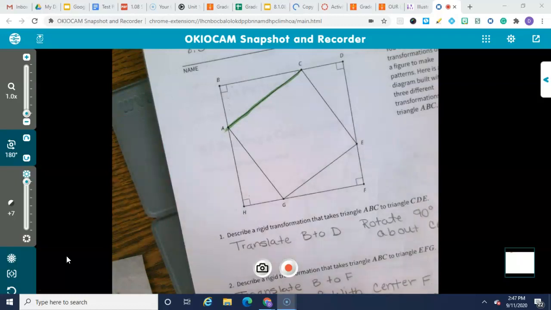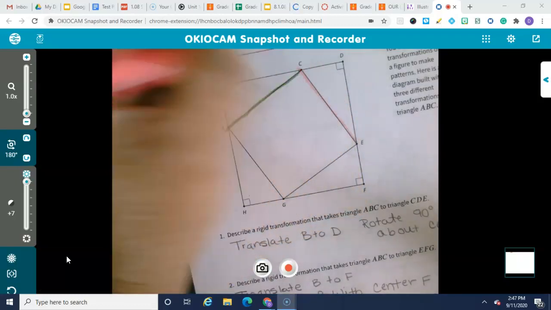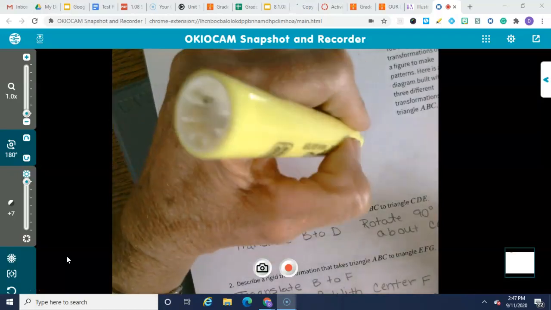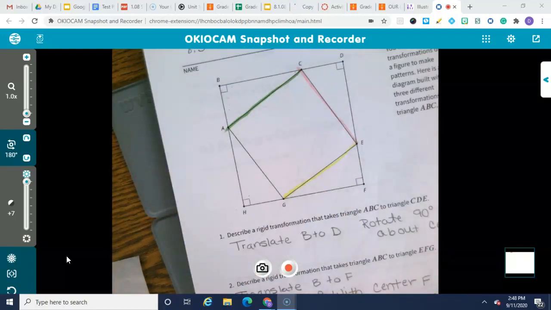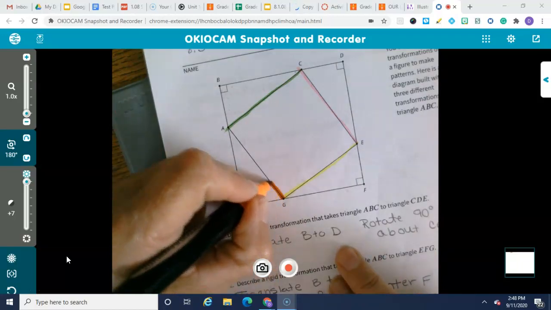CE here. And what else? We got EG. Okay. Then let me see. We also have GA, which is right here.